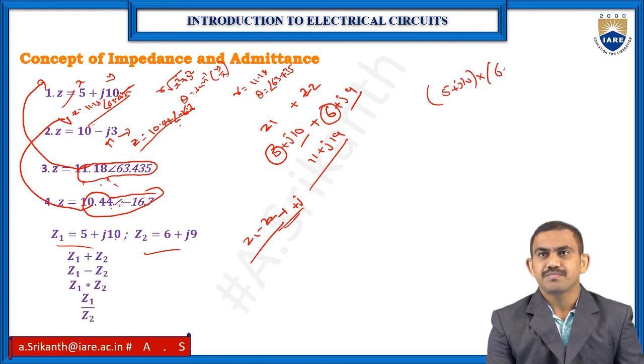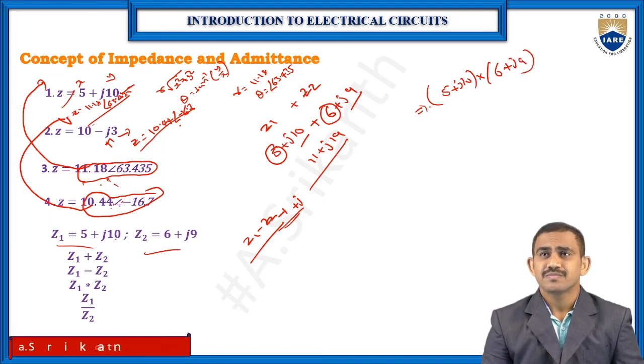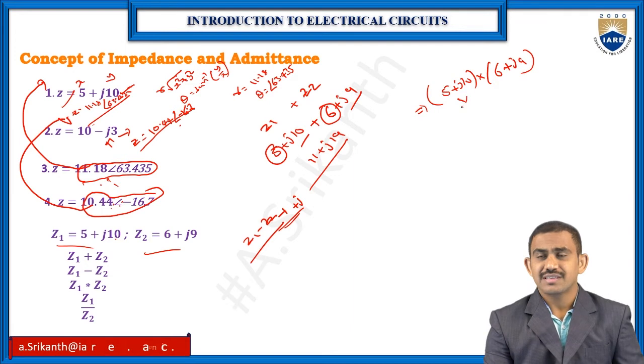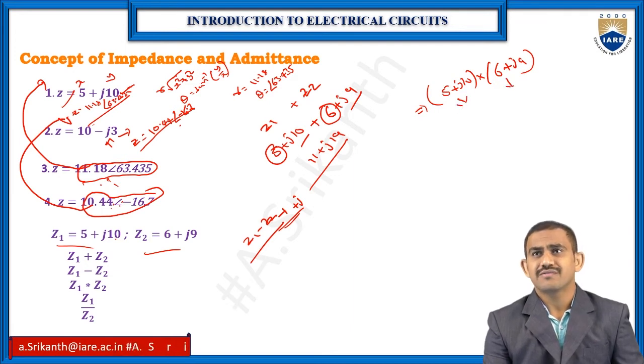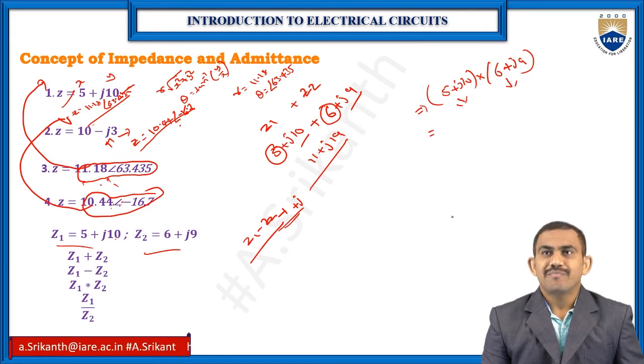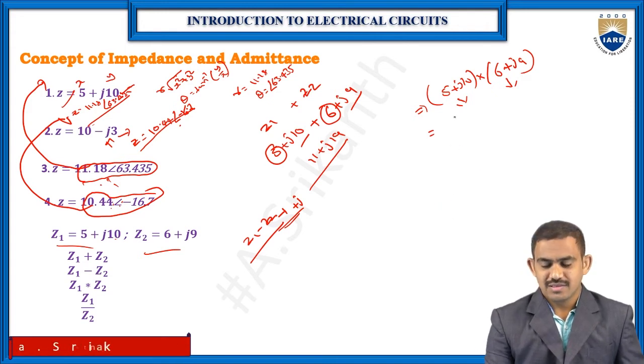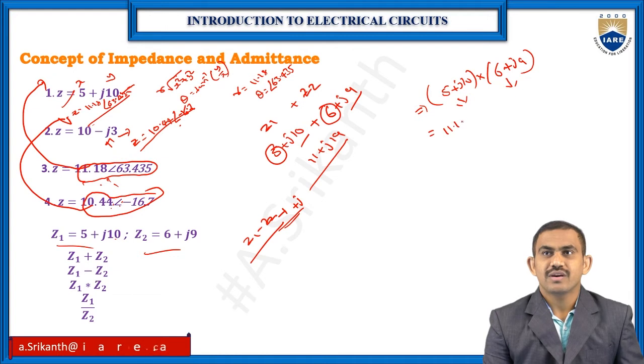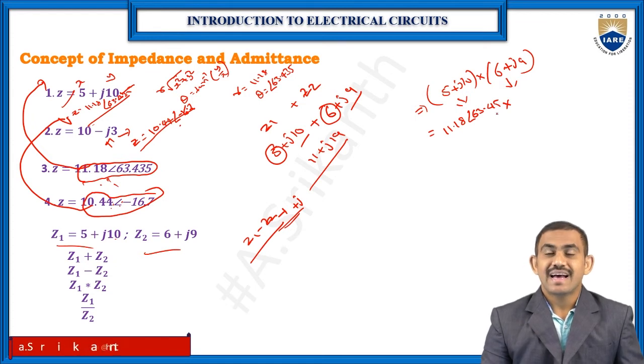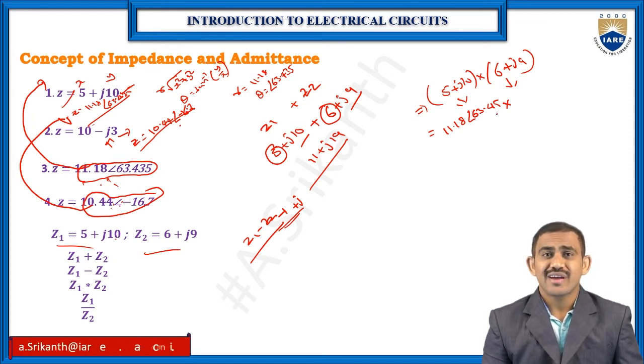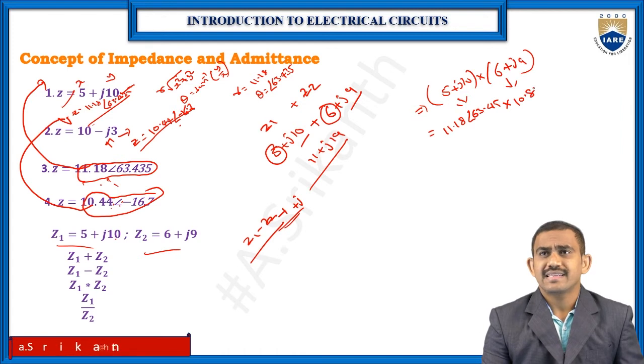And coming to division and multiplication, just observe now, my value is 5 plus j10 into 6 plus j9. So I want to multiply both. For this, I want to convert both into polar form and then multiply. We know that 5 plus j10 polar form is 11.18 angle with 63.45, and 6 plus j9 polar form value is 10.81 angle with 56.31.